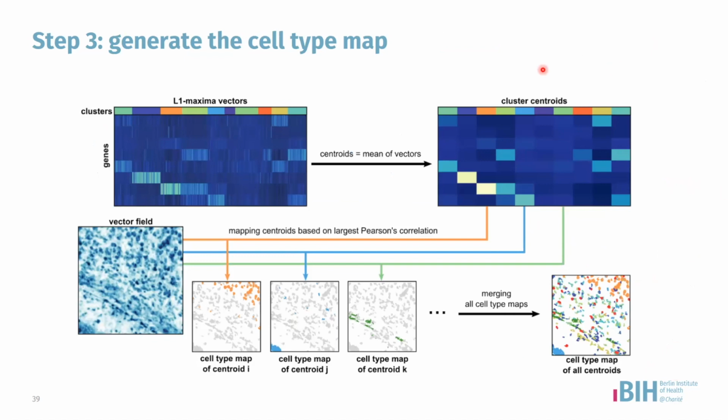As I said, once you have your gene expression signatures, where you have different cell types with their different gene expression profiles, you can start mapping this back to the original vector field to identify pixels that correspond to individual cell types, and then start classifying the image. From your highly multiplex vector field in relation to genes, we can now classify pixels in relation to the most likely cell type for which we have a signature.